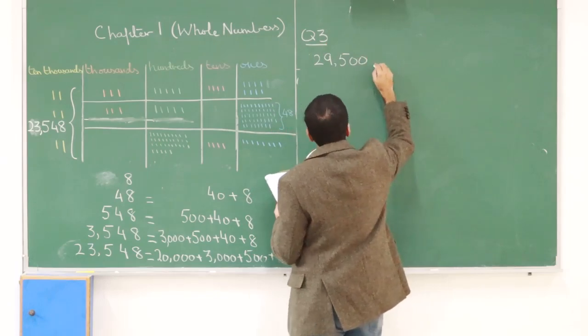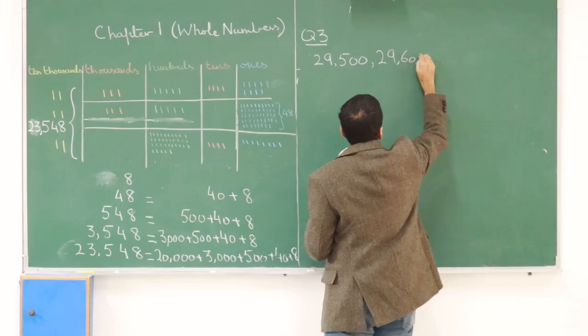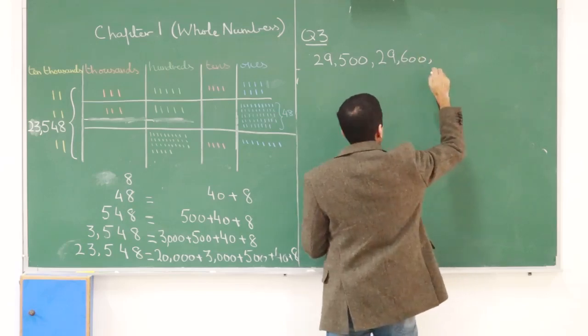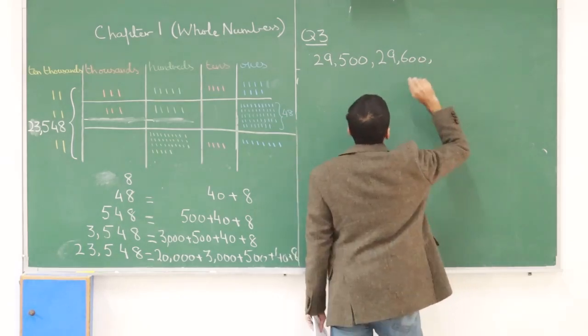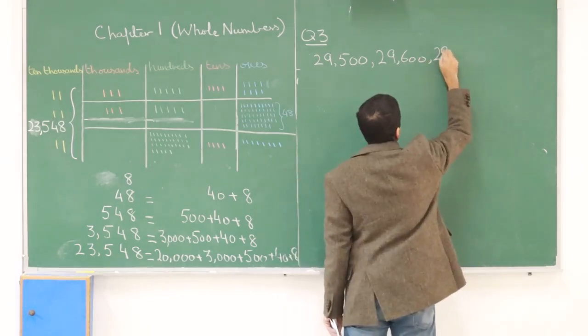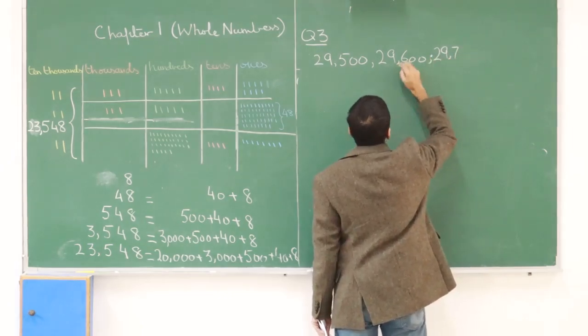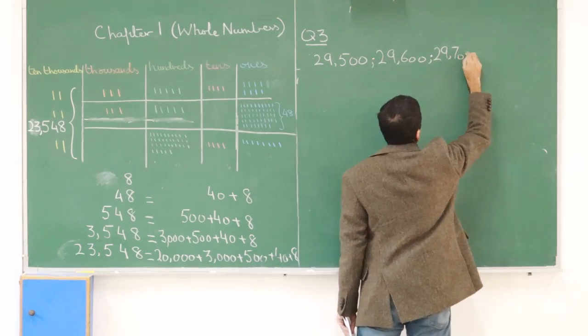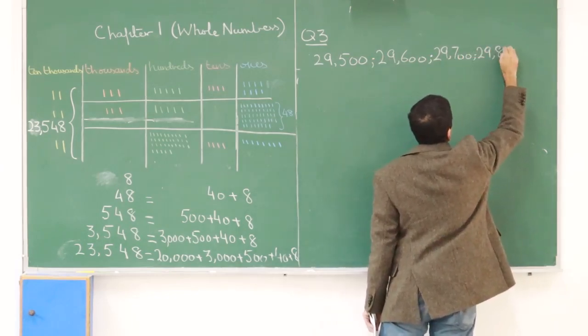Then we have 29,600. What's the next number? 29,700, right? No, 700 is already done. No, not yet done, we're doing it now. 29,700, 29,800. Then what?